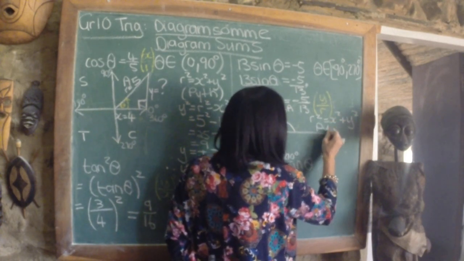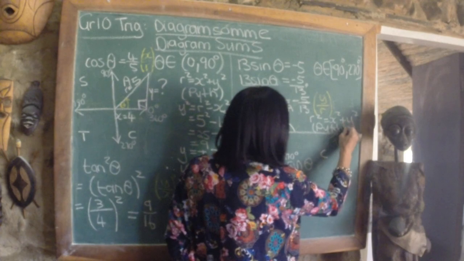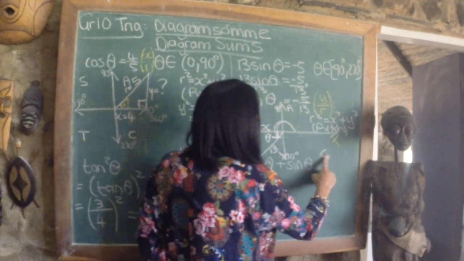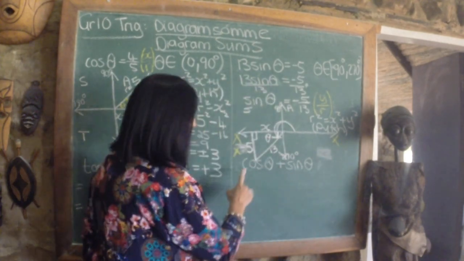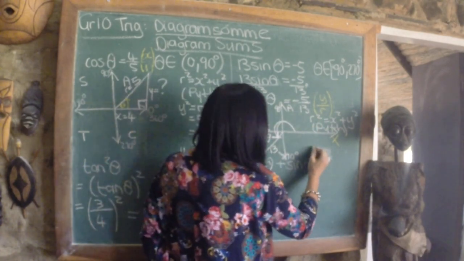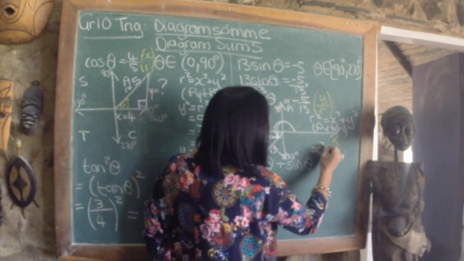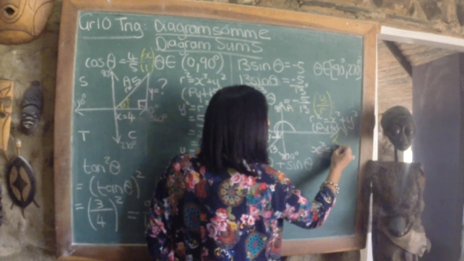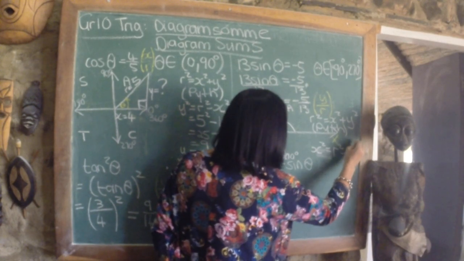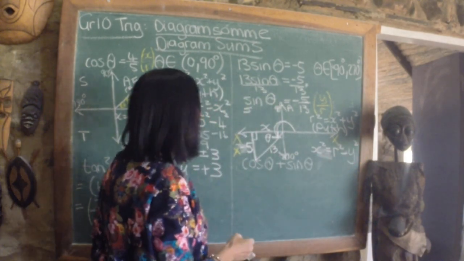That's Pythagoras theorem. Okay, now I need x squared. So x kwadraat gaan wees r kwadraat minus y kwadraat. So I'm going to do substitution.